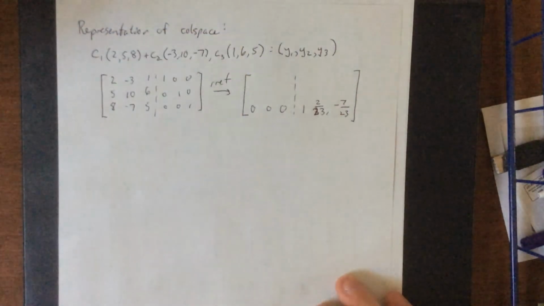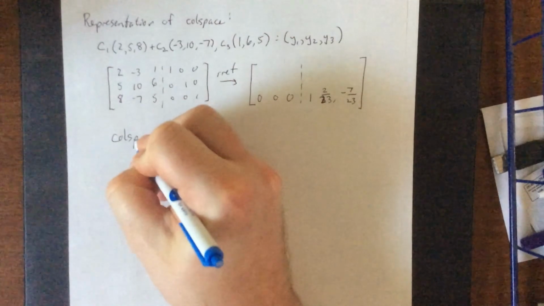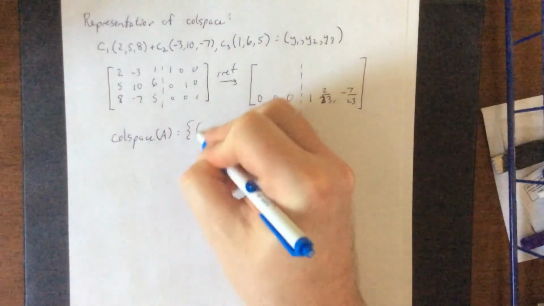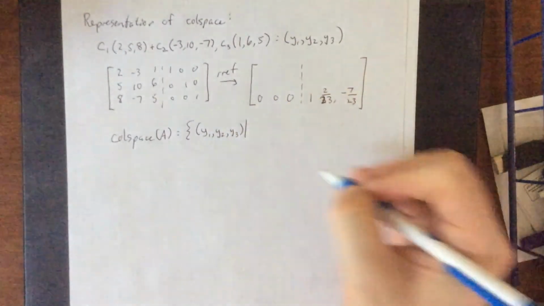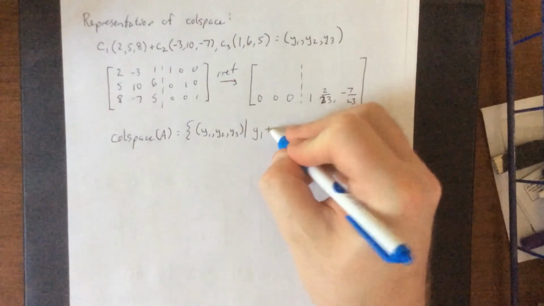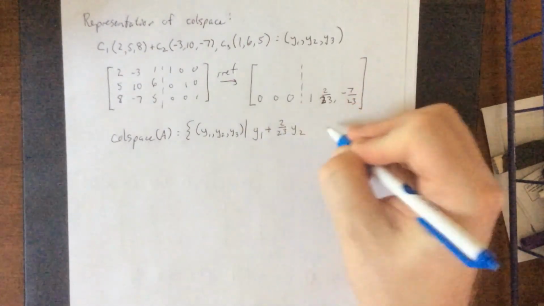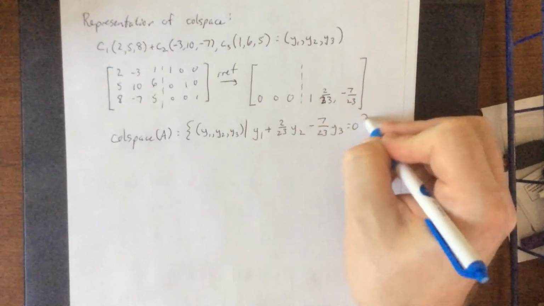So the representation of the column space that we can use, column space of A, is going to be equal to the set of all vectors of the form y1, y2, y3, such that y1 plus 2/23rds of y2 minus 7/23rds of y3 is equal to 0.